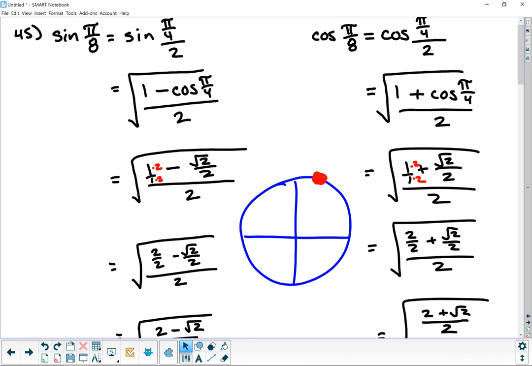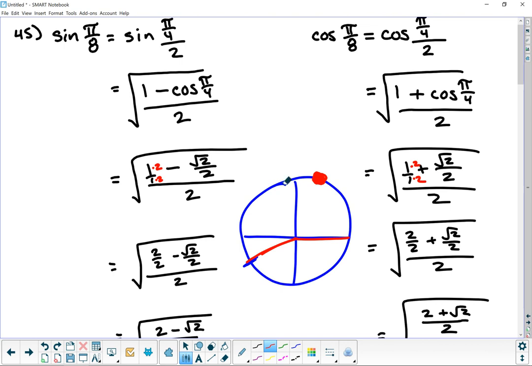Okay, so 7 pi over 6, take a minute, look on your unit circle. It's the very first mark below the 180 degrees. So 7 pi over 12 is, so imagine this: if this is 7 pi over 6, where's the halfway mark?